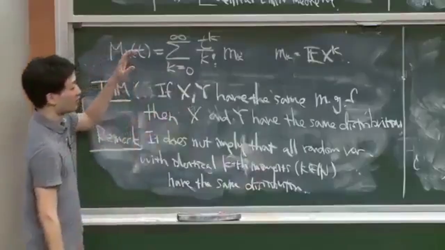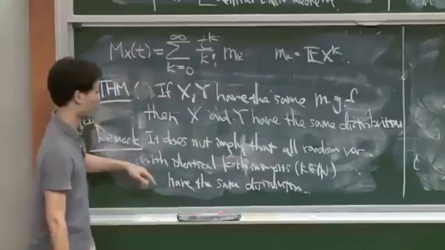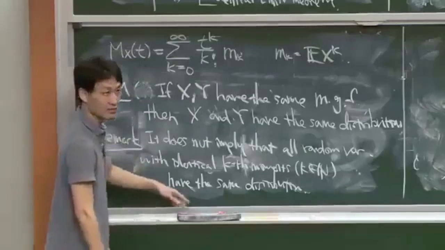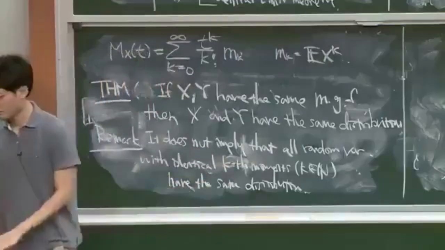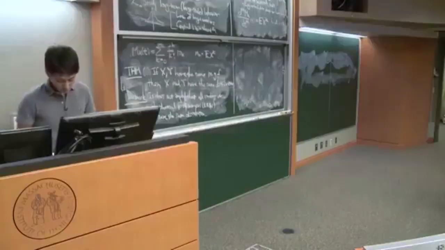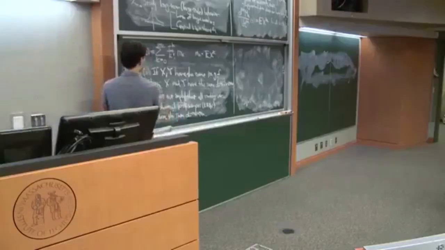One reason is that the moment generating function might not exist. If you look into Wikipedia, you'll see an example of two random variables where this happens. Okay, so that's one thing we will use later.